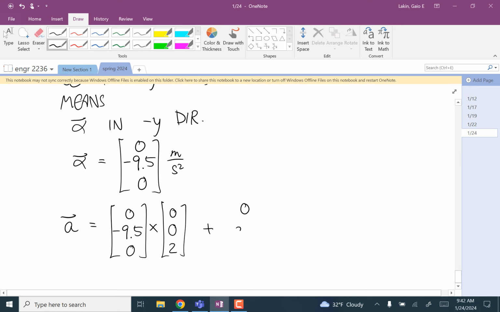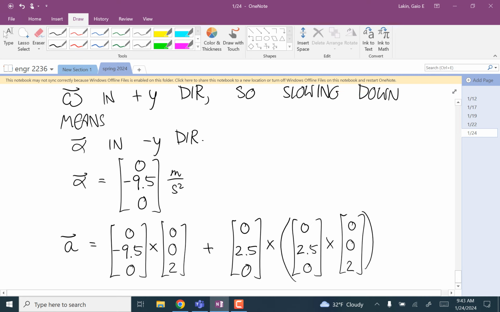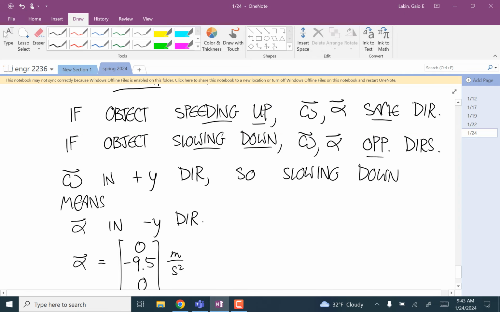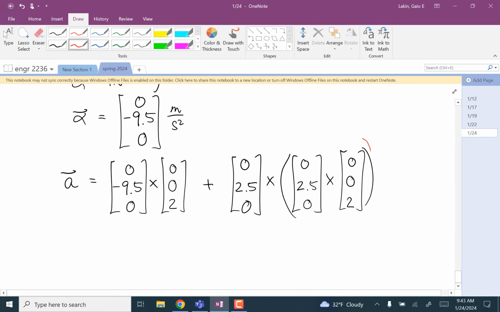Plus 0, 2.5, this is omega, 0, crossed with the quantity 0, 2.5, 0, cross 0, 0, 2. This one, we already calculated omega cross r. That's how we calculated the velocity. So this is 500.